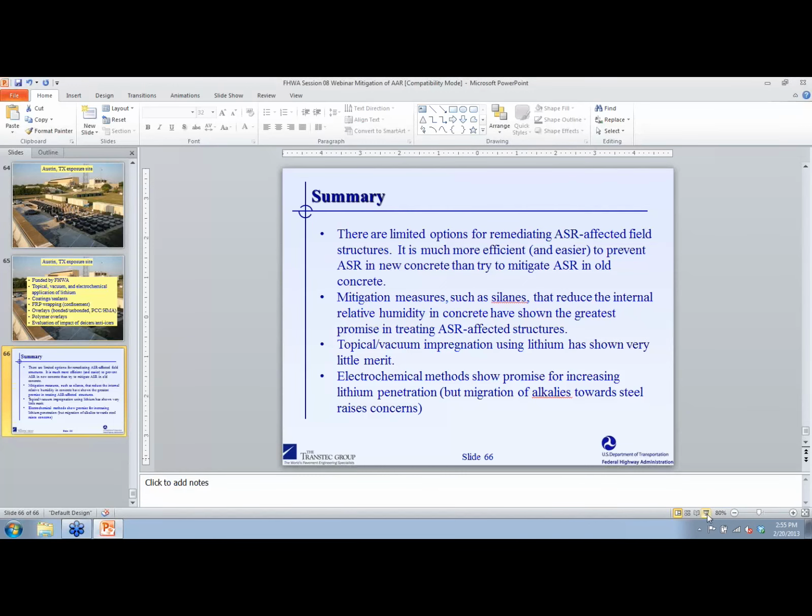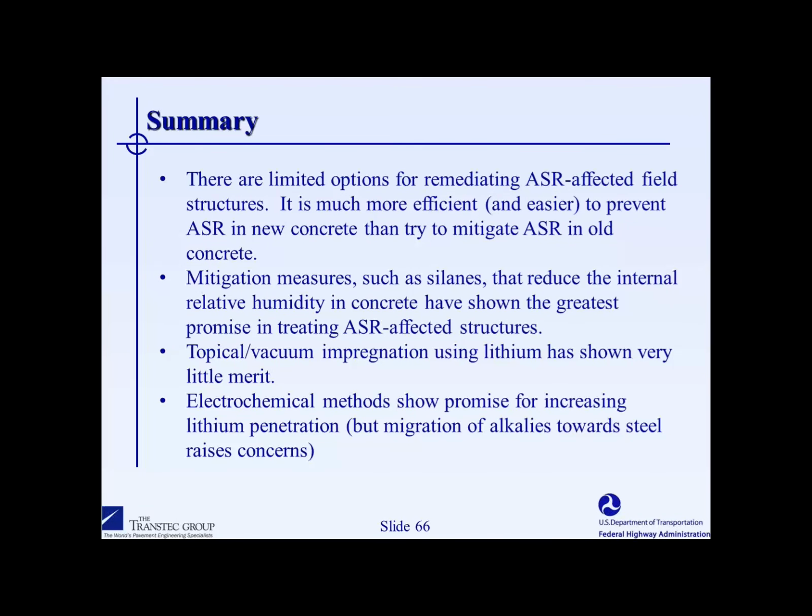We have done that on a fair number of cores from different concrete structures, and actually it is a powerful test that can give you an idea whether or not the aggregate is potentially reactive. It's not quantitative, but in terms of just showing if there's a potential for ASR, that works quite well.